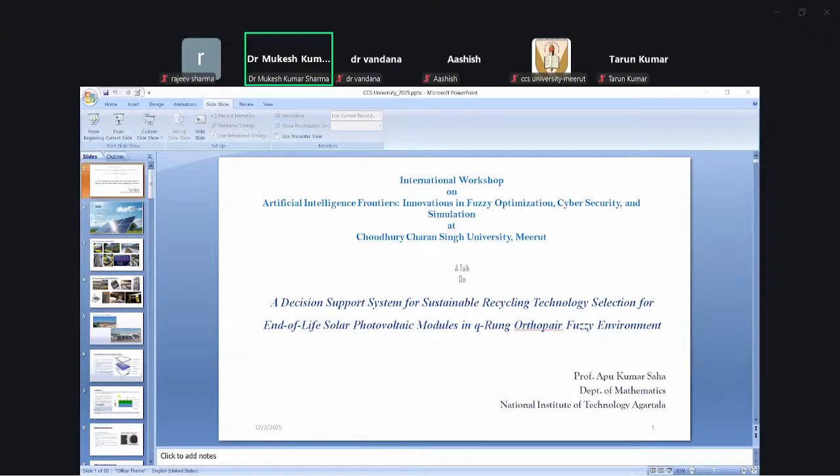So in 2024, cumulative solar PV capacity is some 886 gigawatt in China alone. The total installed capacity of solar PV reached 1,865 gigawatt globally by the end of 2024, a remarkable increase from 710 gigawatt in 2020. Right now in 2024 it is 1,865.